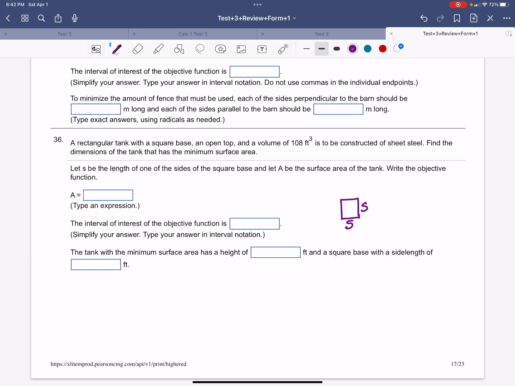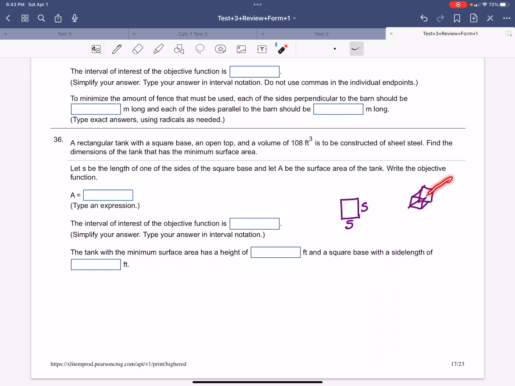I'm not a great artist, but let me see if I can draw a rectangular box. Here the bottom is a square, and then we're going to go all the way up.